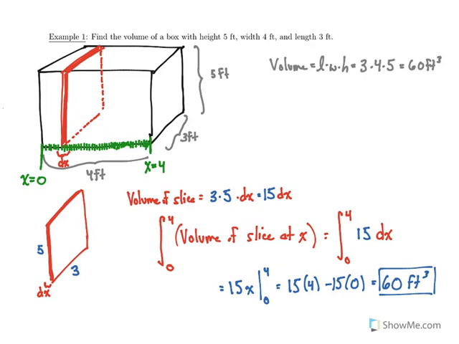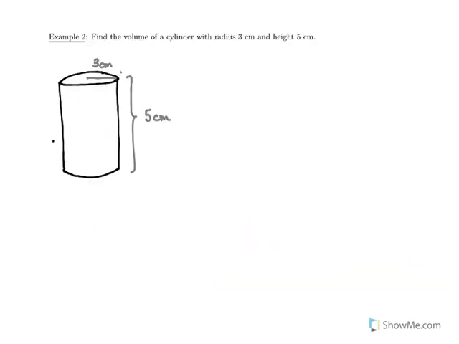So let's go on. Now we're going to look at the volume of a cylinder with a radius of 3 centimeters and a height of 5 centimeters. In this case, we're going to take slices, and we have a couple different options. We could look at slices horizontally, and a slice in that way would be a circle.